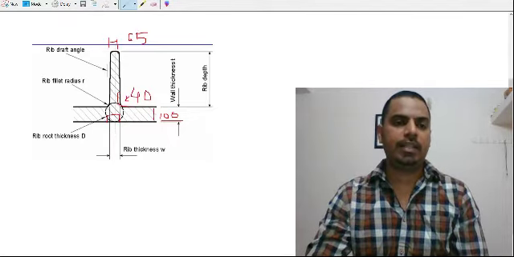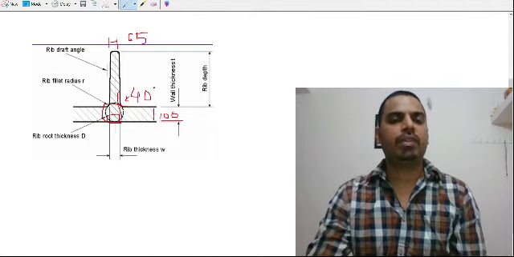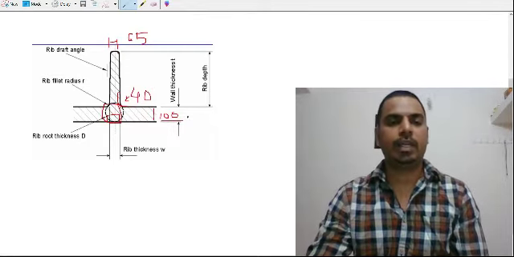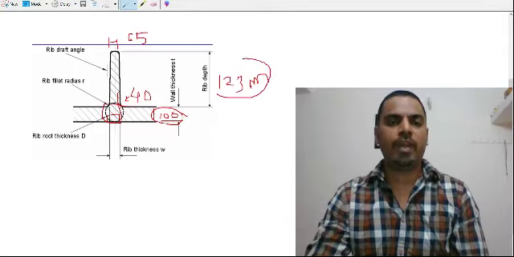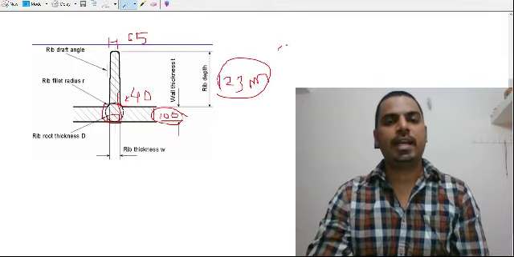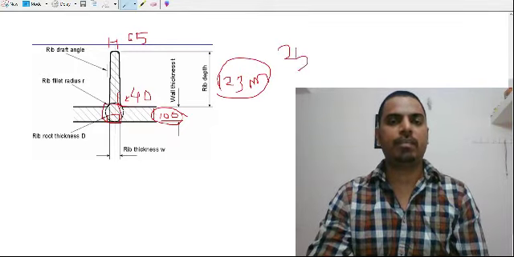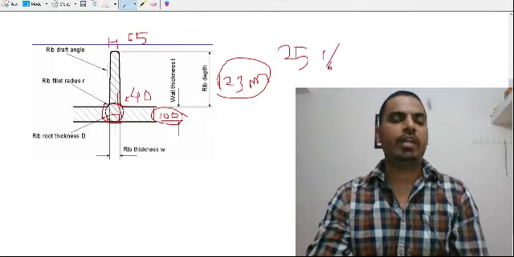Then the increase in thickness at this location will be 23% more than the thickness of this wall. That means thickness at this location will be around 123 mm. Okay, so it is desirable to have a value which is less than 25% at this location. So the increase in thickness should be less than 25%.